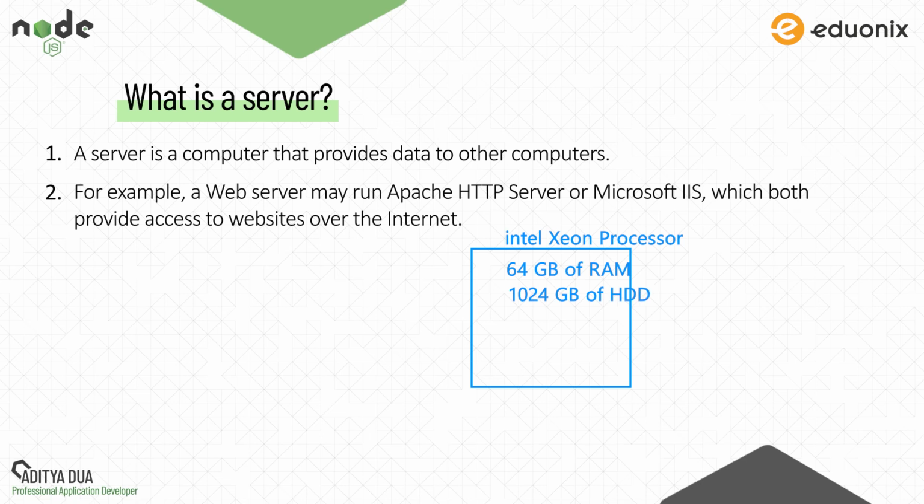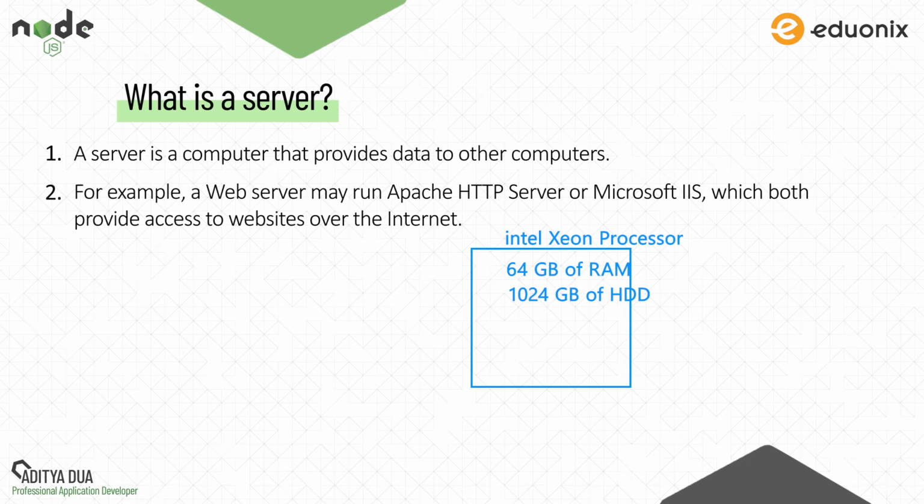Now, this is a server, right? People will say, but then what is Node? This server is a hardware system. So the very simple definition of a server is a very high computation machine which can answer your requests. It is high computation in nature.